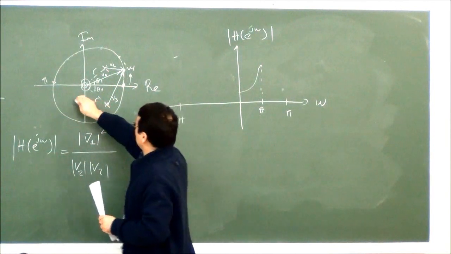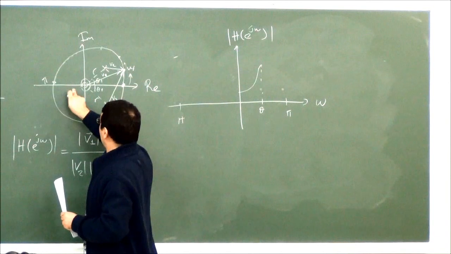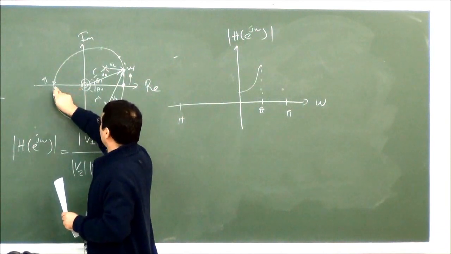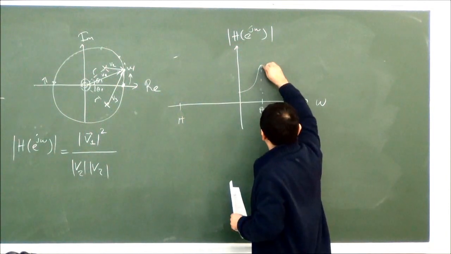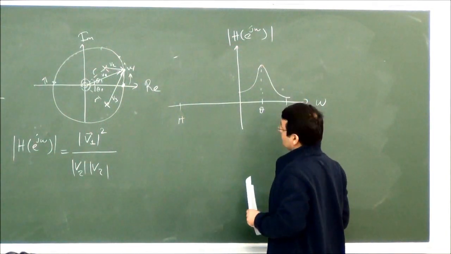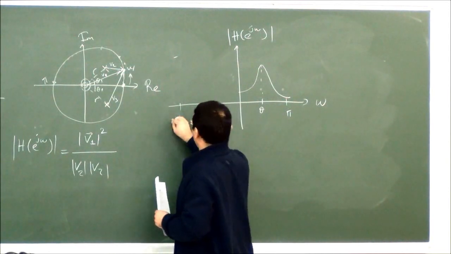At this point, you are close to the double zeros rather than these poles. So in this case, it is decreasing. What about if you go this way from 0 to minus pi?